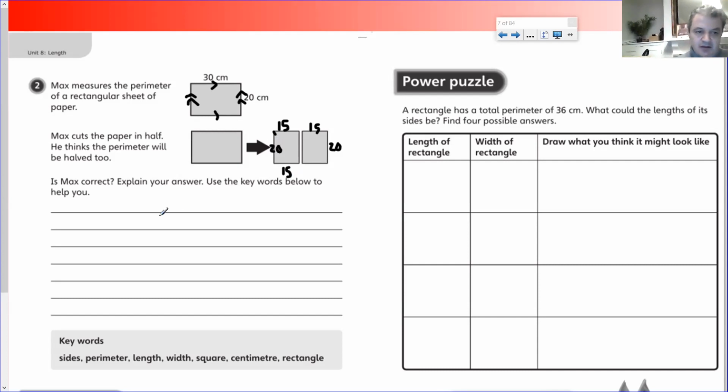Now, Max cuts the paper in half. He thinks the perimeter will be halved. Okay, let's work out the perimeter of our original shape. The perimeter of my original shape was 30 add 30.